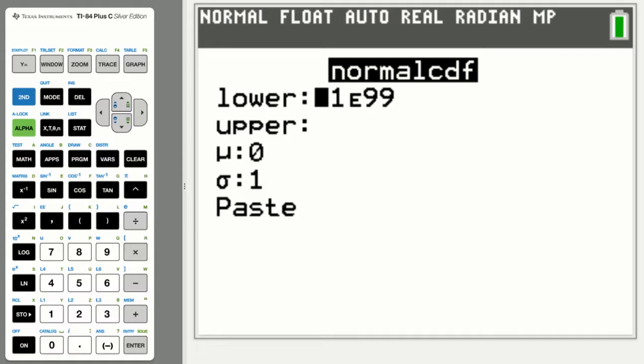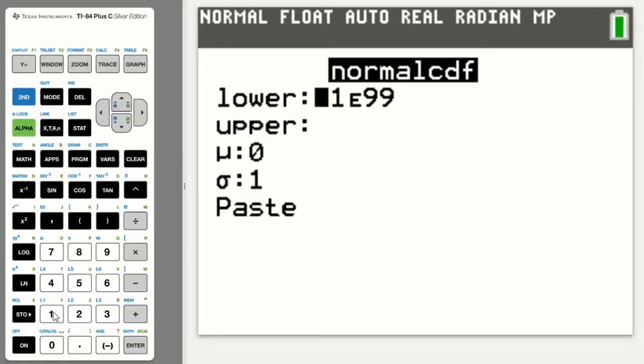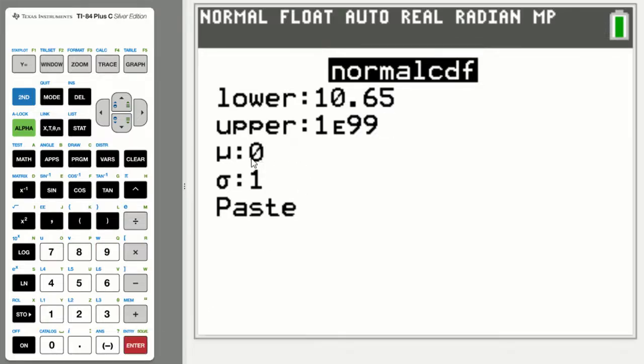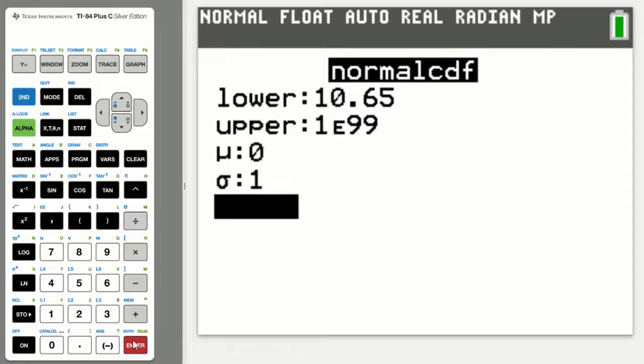So on the calculator, low end here, I'm going to enter positive 10.65. Upper end here will be an infinite upper end. So for the calculator, we use 1E99. And I'm going to default mu and sigma to 0 and 1, because again, we are only running this normal CDF command on the standard normal distribution bell curve. I'm going to hit enter a few times.